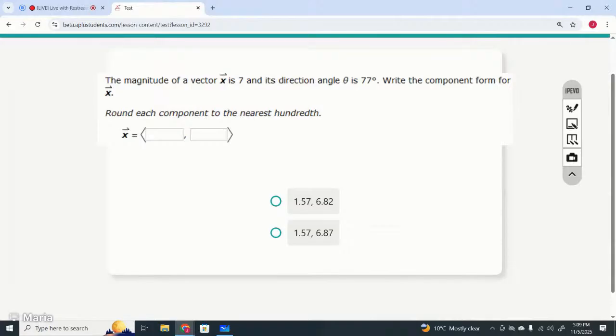The magnitude of a vector x is 7 and its direction angle theta equals 77 degrees. Write the component form of the vector x.